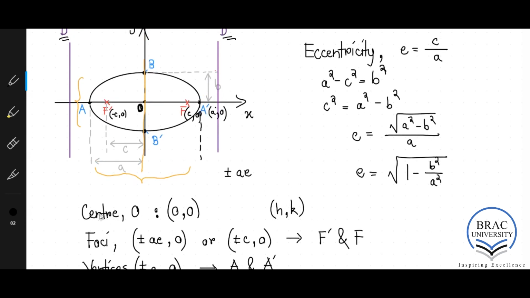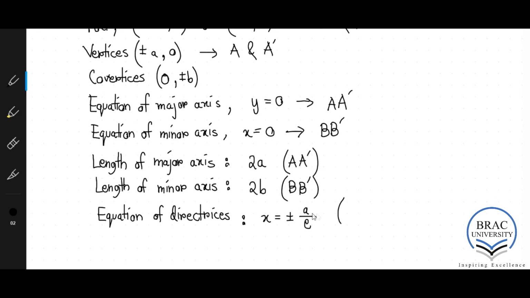If we label this diagram, this whole line is Z and this is Z prime. The lines that go through D and Z prime and D and Z are the directrices.